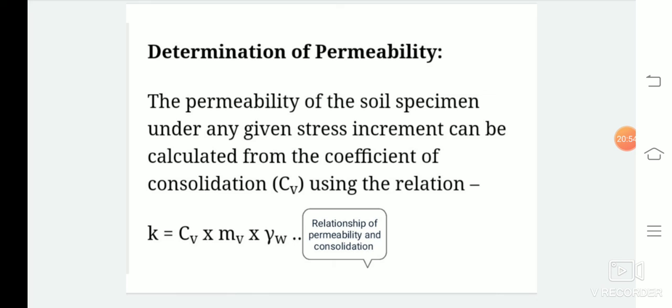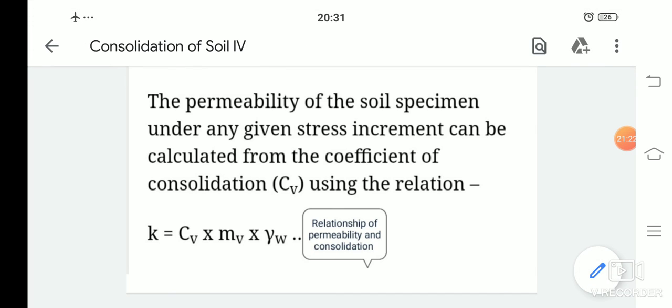So, the permeability of the soil specimen under any given stress increment can be calculated from the coefficient of consolidation using the relation we have studied in the previous classes, where K is given by CV into MV into gamma W, where CV is the coefficient of consolidation, MV is the coefficient of volume change, and gamma W is the unit weight of the water.